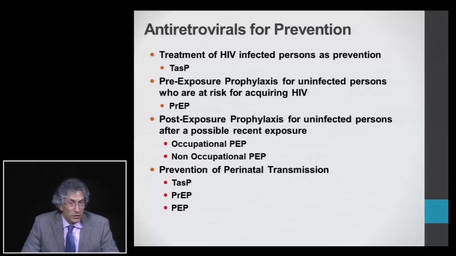And this was alluded to in the slide describing antiretroviral treatment regimens to be used during pregnancy. There's elements of TASP and PrEP and PEP in that whole package of preventing perinatal transmission. So the use of antivirals for prevention is discussed more fully in the companion video presentation, Primary Care of Adults with HIV, also on this website.